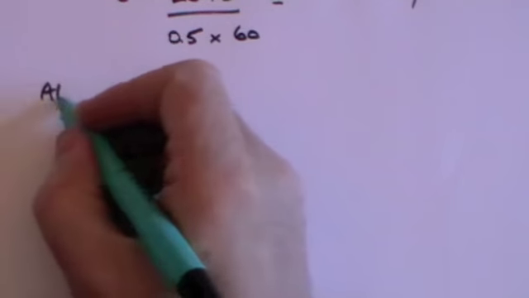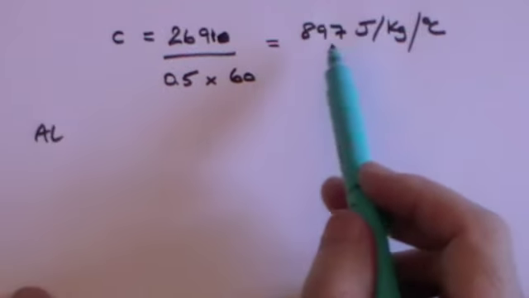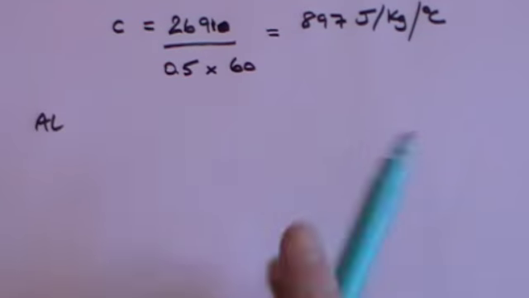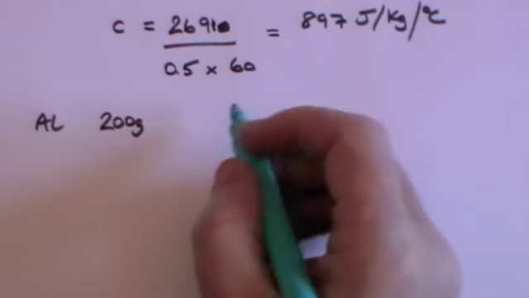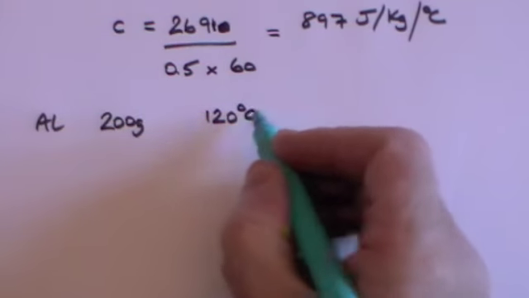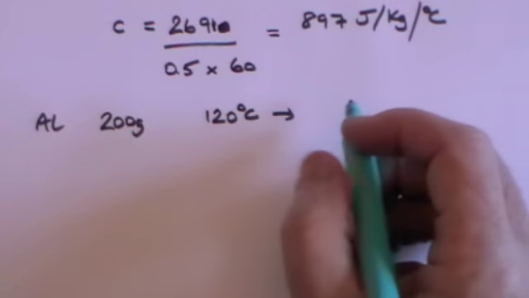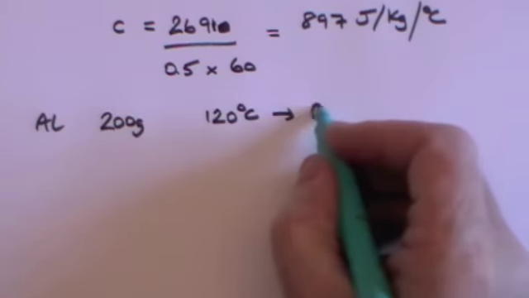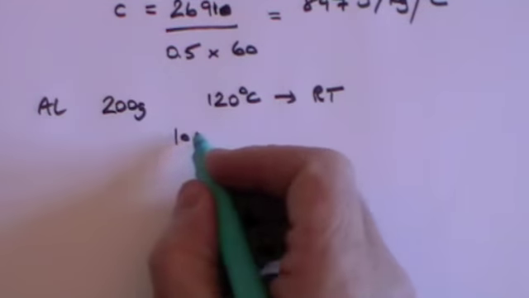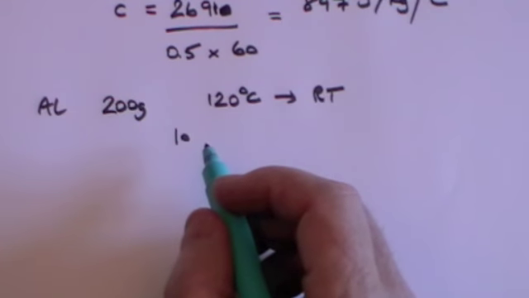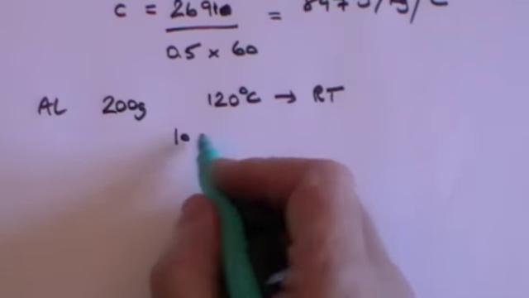So here's another question. An aluminium saucepan, and remember we just worked out what the specific heat of aluminium was. An aluminium saucepan weighs 200 grams, and we're cooling it from 120 degrees centigrade to room temperature. In doing so, it loses, because of course it's cooling down, so we don't have to heat it, it's going to lose heat.